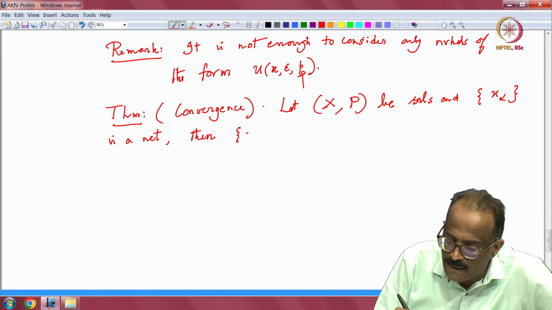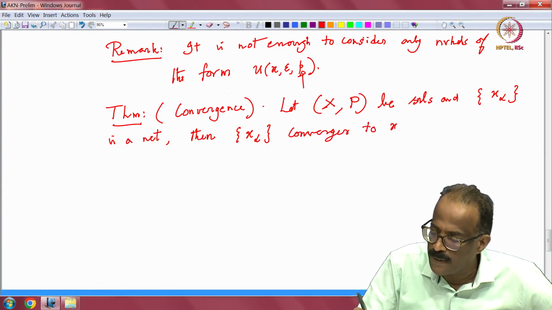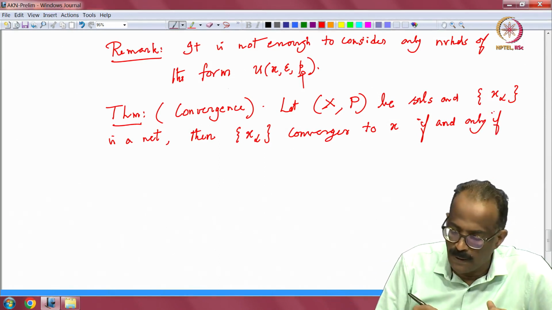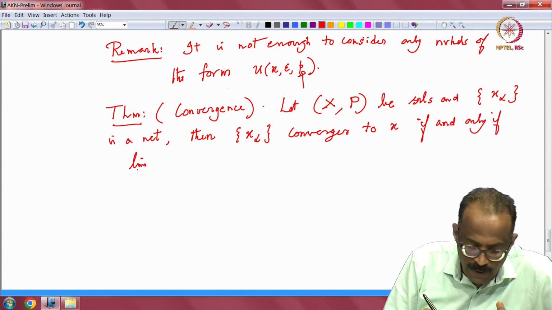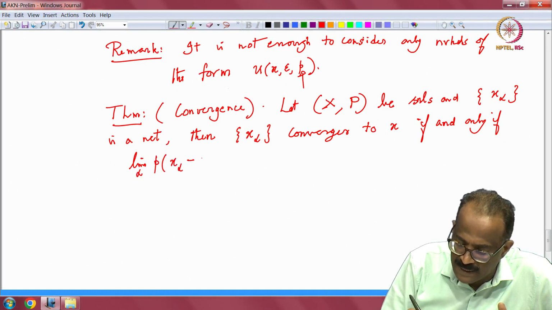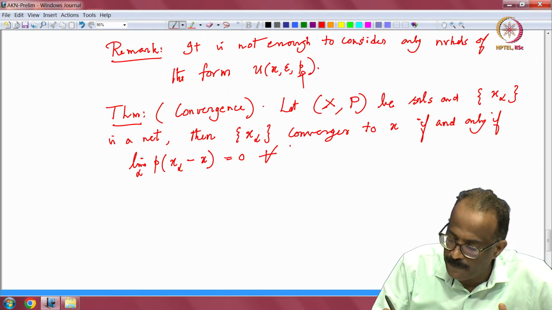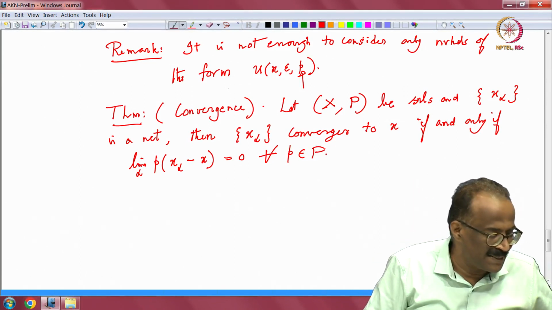Then x alpha converges to x if and only if the limit over alpha of p of x minus x alpha goes to 0, and this happens for all p in P. So, you see, for all seminorms this happens.